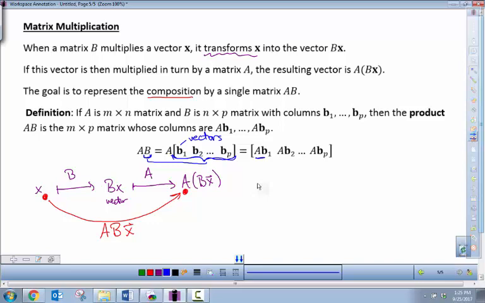Okay? So that's really not the best way to define multiplication. We'll find another way to define multiplication. But for now, let's think about this idea of a transformation.